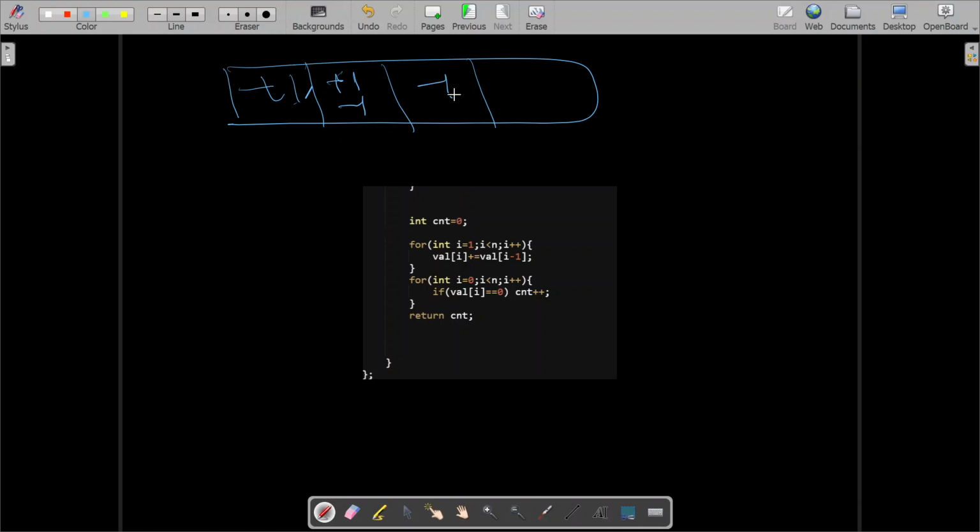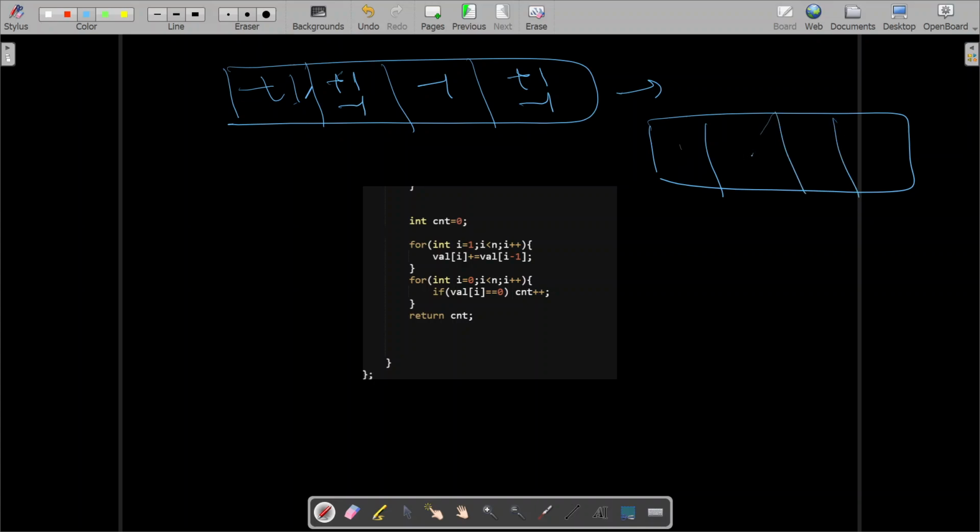So to be precise, ultimately it becomes 1, 0, -1, 0. This is the value array, not the prefix sum array. So I am not creating another array for prefix sum. I am updating this only.